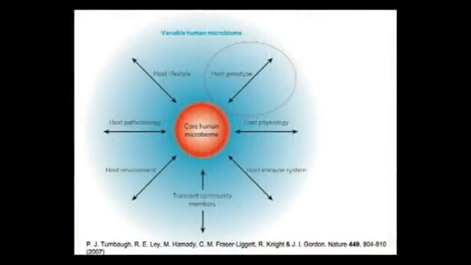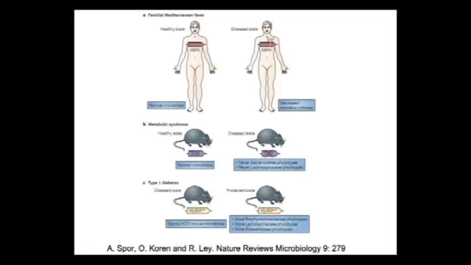But what we're looking into is this one here, how the host genotype can affect the composition of this variable microbiome between people. The work that has looked at host genotype and host genetic variation on the composition of the microbiota has focused largely on candidate gene approaches.